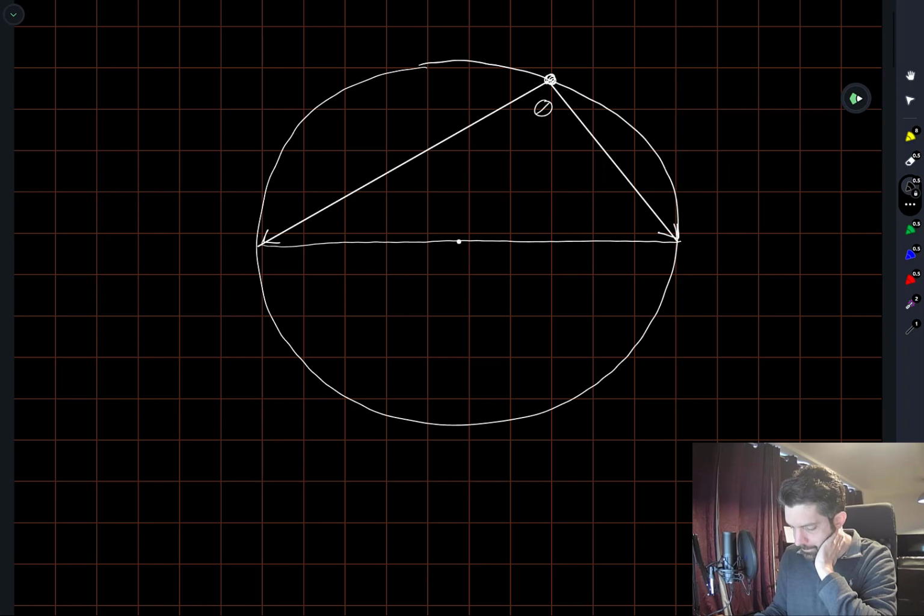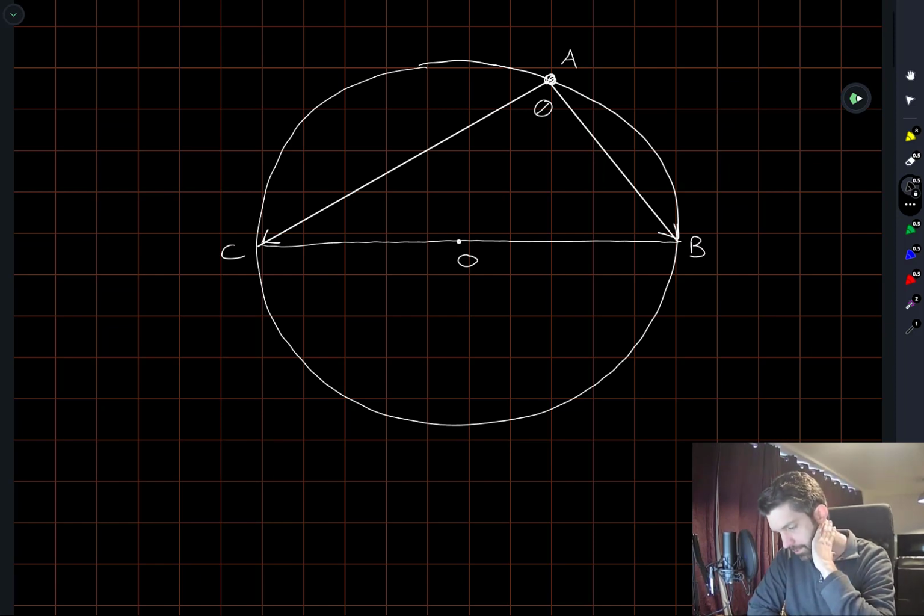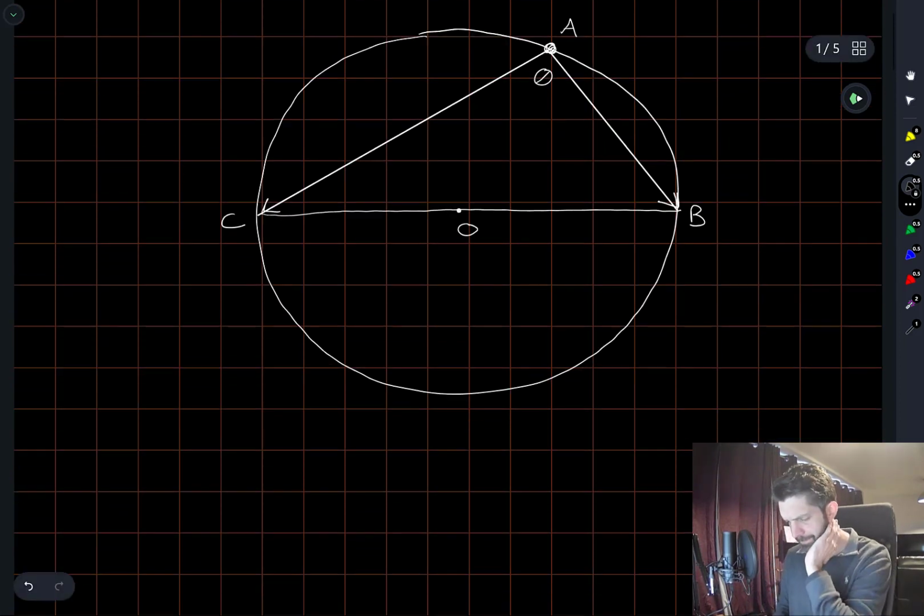I'm going to start labeling points here. So the center of the circle we'll label as O, and I'll just label these 3 points A, B, and C. So I can now construct vectors out of all of these points.